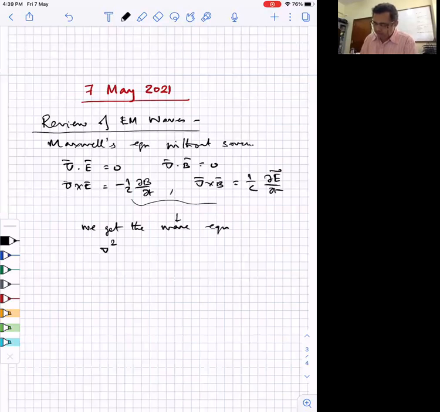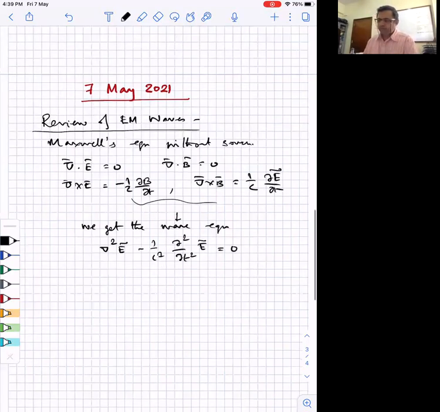The wave equation is del squared E minus 1 by c squared del squared by del t squared of E equals zero. So a similar equation holds for B. Because if I look at Maxwell's equations over here, these equations are symmetric when E goes to B and B goes to minus E.